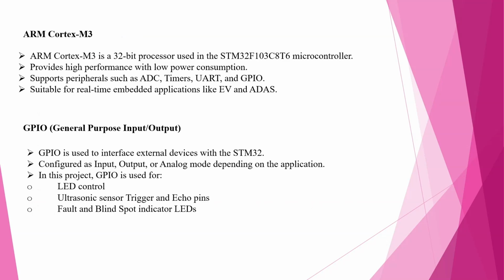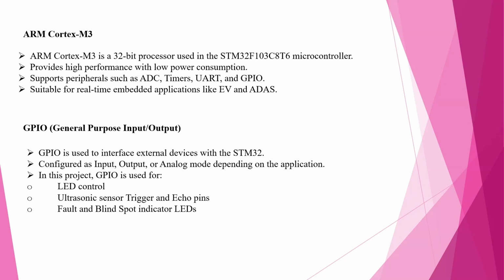The ARM Cortex-M3 is a 32-bit processor used in the STM32F103C8 microcontroller. It provides high performance with low power consumption. It supports peripherals such as ADC, timers, UART, and GPIO, suitable for real-world embedded applications like EV and ADAS. So we use it in this project also.